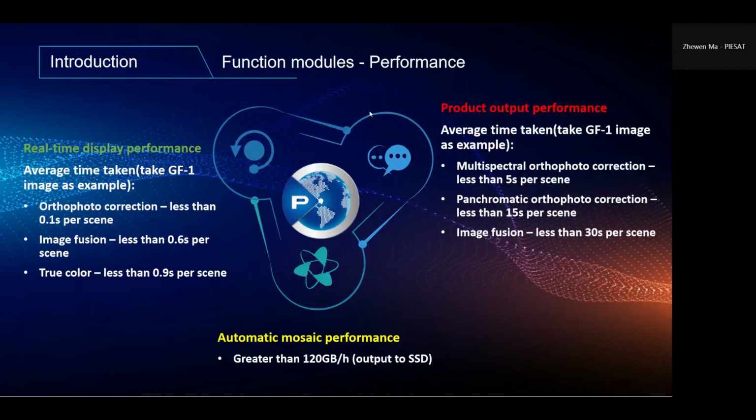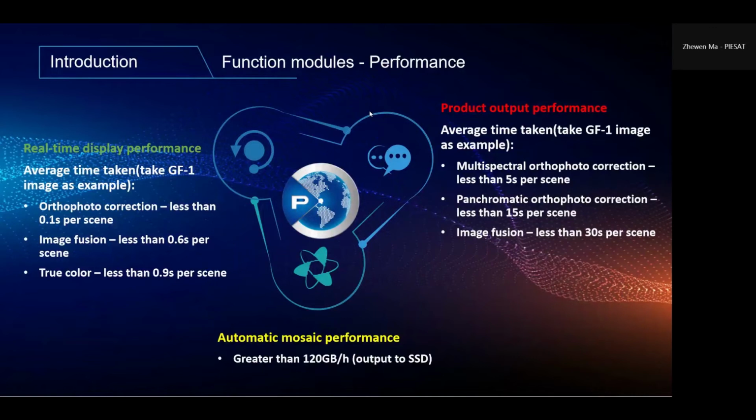And on the other hand, for the product output performance, also taking a Gaofen 1 image as an example, the average time taken for multispectral orthophoto correction is less than 5 seconds per scene, and that for panchromatic orthophoto correction is less than 15 seconds. And for image fusion, that is normally less than 30 seconds per scene.